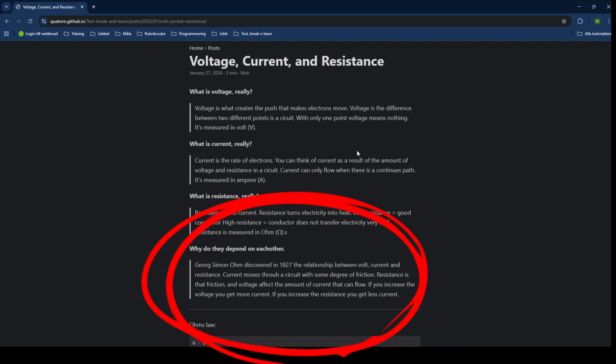Current moves through a circuit with some degree of friction, and that friction comes from the resistance, and voltage affects the amount of current that can flow. So if you increase the voltage, you can have more current. If you increase the resistance, you get less current in a circuit.